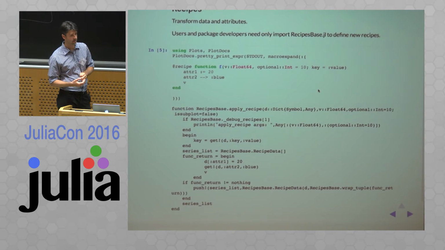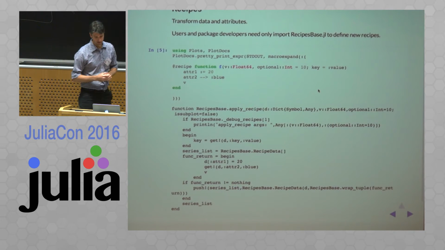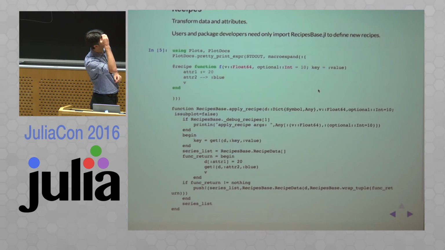In some sense, the two things you're doing are updating this attribute dictionary d with whatever changes you want to make to it, and returning the transformed inputs. In this case, I didn't actually transform v in any way. I'm just going to return it the same way it came in.